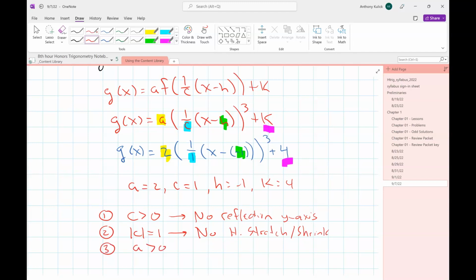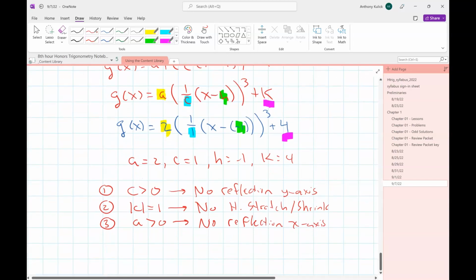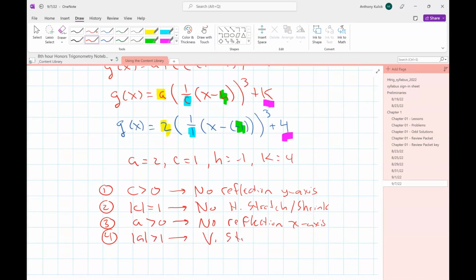A is greater than 0, so I have no reflection across the x-axis. The absolute value of A is greater than 1, so I do have a vertical stretch by a factor of 2.